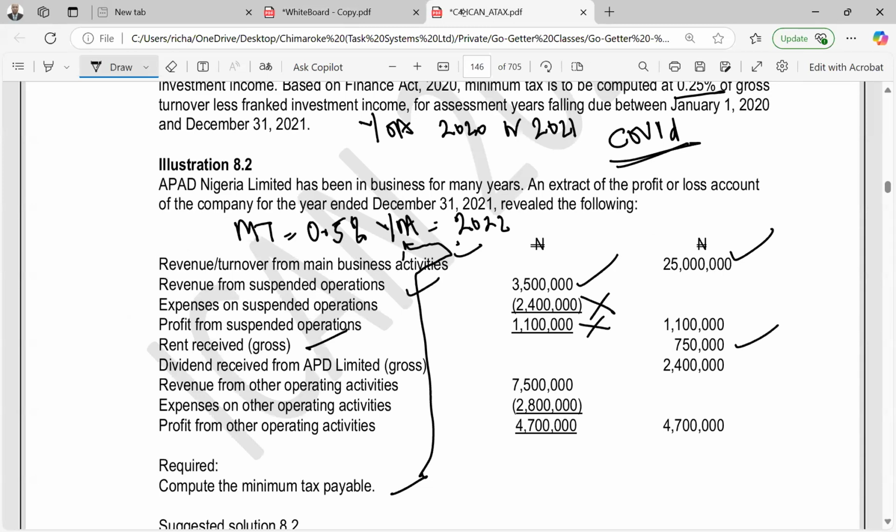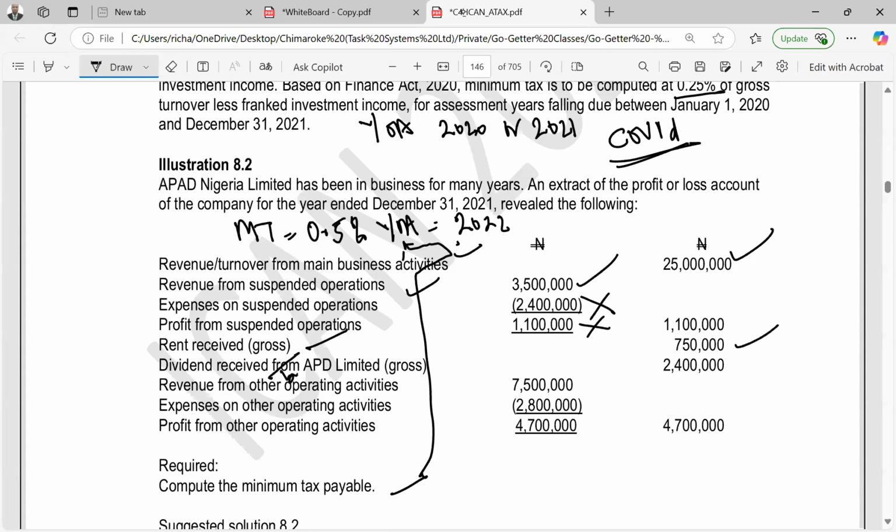Dividend received from APD Limited. I think this here is "by".